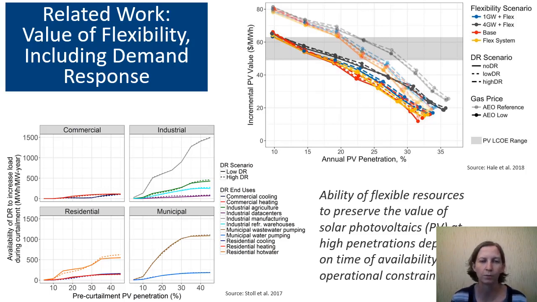It showed a much better ability of reducing curtailments as compared to residential cooling and heating, which are very seasonal. Because they're only needed during either heating or cooling season, they can only reduce curtailments at those times, and that makes them less effective at providing that particular grid service.